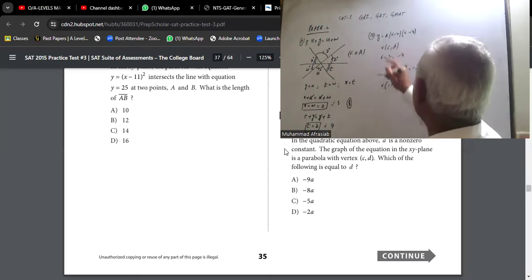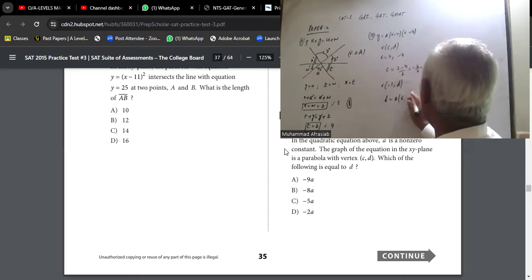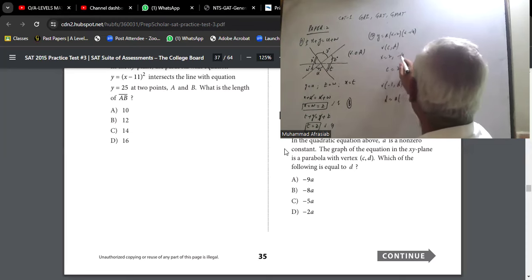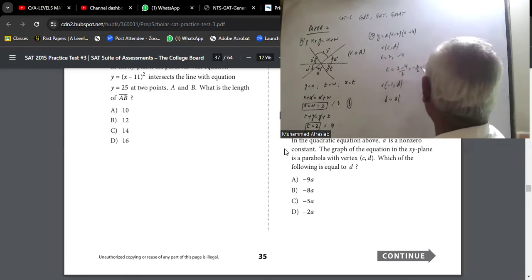Since it has the vertex D there, you can put into that value. D value is equal to A into x minus 2, x value is equal to minus 1, plus minus 2 into minus 1 plus 4.